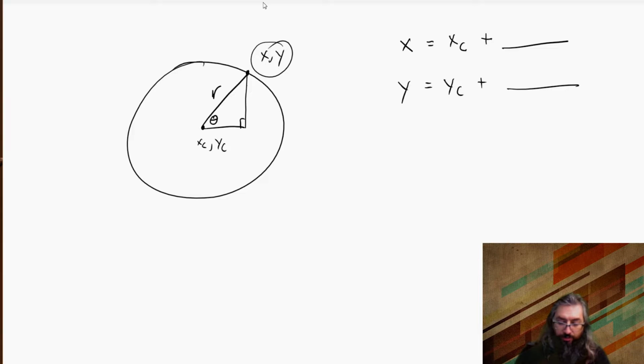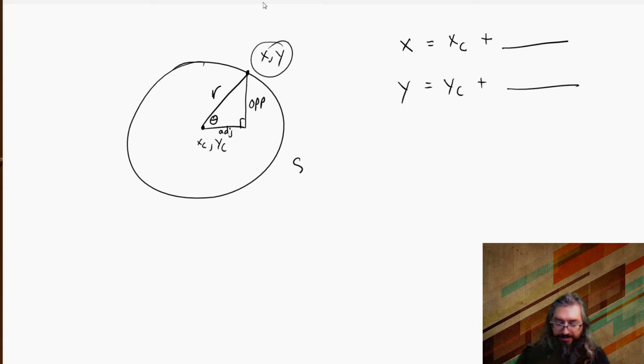So we're going to do our nice SOHCAHTOA work. SOHCAHTOA lets us say this is the opposite side to the angle, we'll let R be the hypotenuse, and this is the adjacent side to the angle. So what does SOHCAHTOA say? It says I can use sine to find the opposite over the hypotenuse.